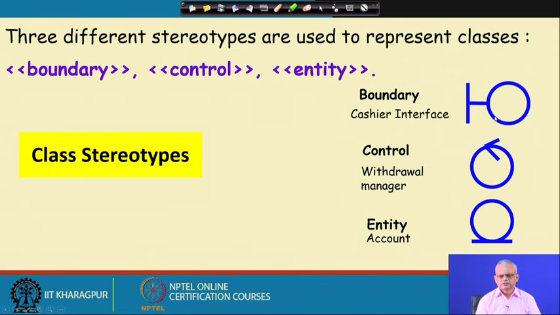These are not the UML symbols, but most case tools use these symbols so that the design activity becomes simpler. The control class, for example a withdrawal manager, is a control type of class and we represent it using this symbol. And the entity classes, for example an account class, are represented by this type of symbol.